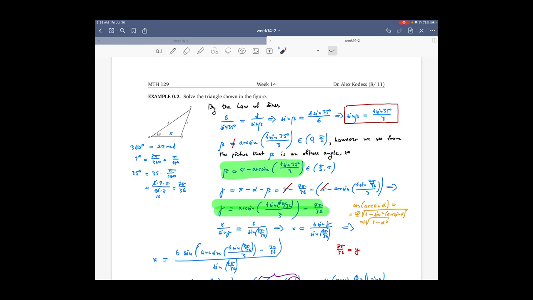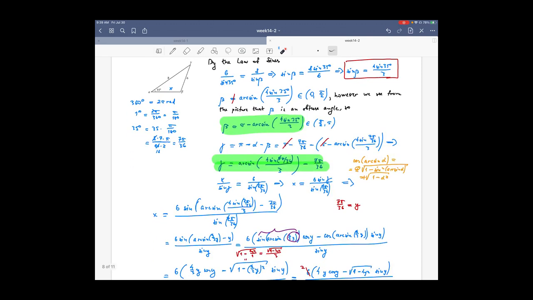So another angle whose sine is 4 sine 35 degrees over 3 is not this arcsine, but pi minus that arcsine. And the rest is easy. Once we find beta, we quickly find gamma.